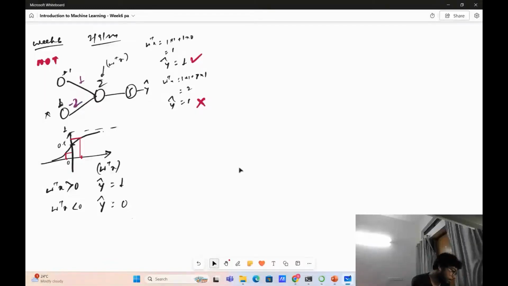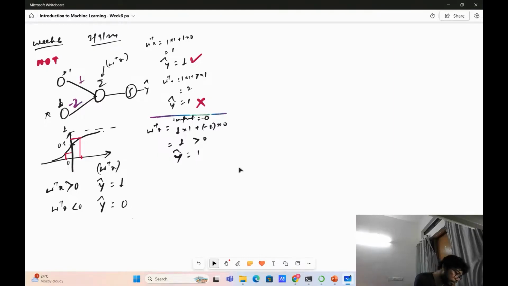Now W transpose X, if we take the input as 0: for input equals 0, W transpose X would be 1 times 1 plus minus 2 times 0. So that would be 1. So W transpose X is greater than 0. That means Y hat would be 1. Okay. That is giving us the right answer.